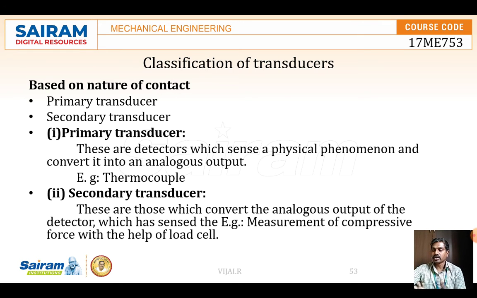In the case of a Bourdon pressure tube dial gauge, the plunger senses the difference, it acts on the Bourdon pressure tube, which moves, and then it gives the output to the pointer. So the secondary transducer gets its input from the primary and then sends it to the output.